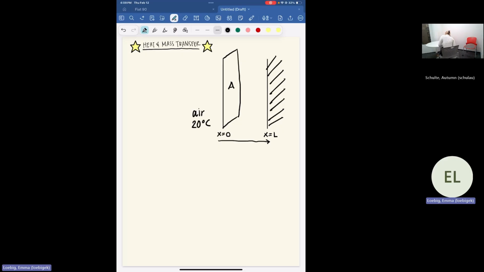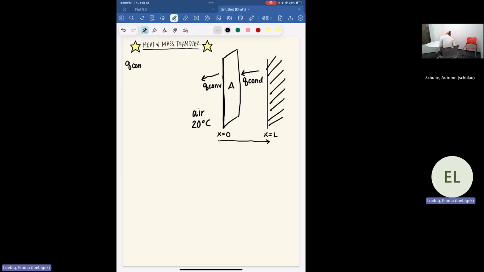Now, if we are to say that this plane right here is infinitely thin, we know that there can be no energy accumulation across it. Therefore, we know that the heat being transferred to this plane via conduction must leave through convection. Now let's expand on this Q convection term.